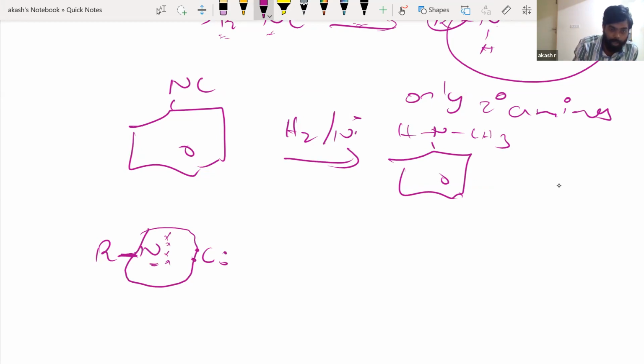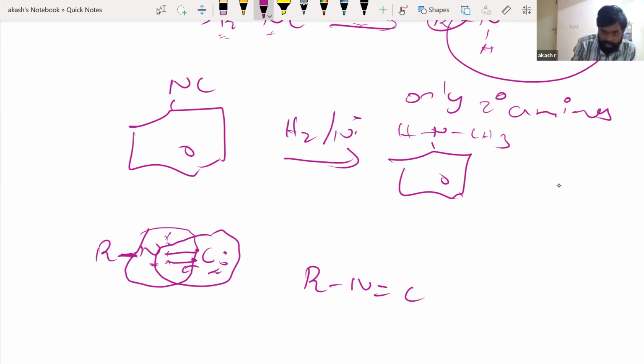But nitrogen took 2 electrons, so carbon can take only 2 electrons then, whatever is given is what is taken. So carbon will take the 2 electrons of nitrogen. For each electron pair, 1 bond will come. So you can write R, N, double bond, C, but the problem is still there.